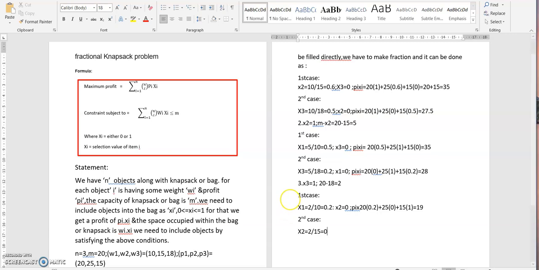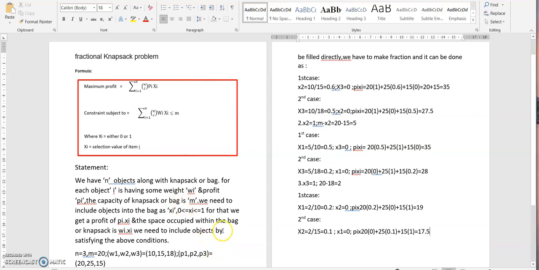Then it is equal to 0.1. x1 is 0. Then we need to find Pixi: 20 into 0, P1x1, plus P2, that means 25 into x2, which is 0.1, plus x3, which is 15 into 1. Then the total value is 17.5.